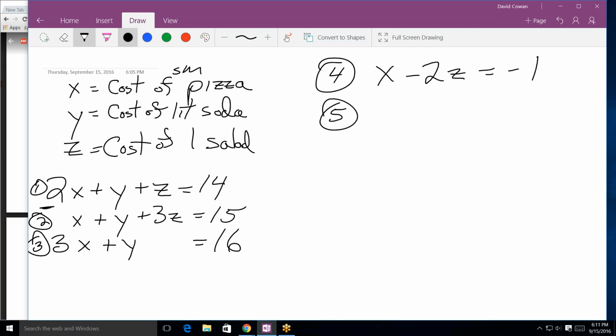Yeah, 1 and 3 would work. And again, you have to subtract, right? So are we going to subtract 3 from 1 or 1 from 3? We could do it either way. 1 from 3.